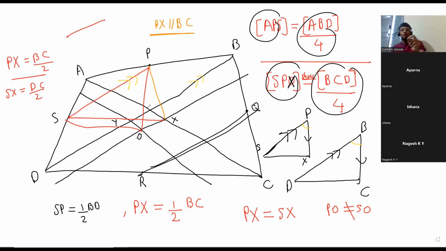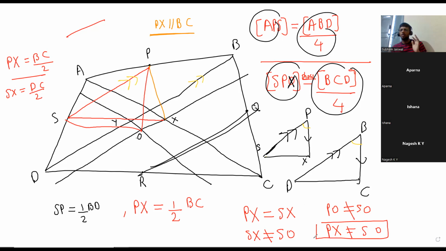That is one situation, right? But you see, can this SX be equal to SO? No, SX cannot be equal to SO. So in this situation where PX is equal to SX, we cannot have PX equal to SO.